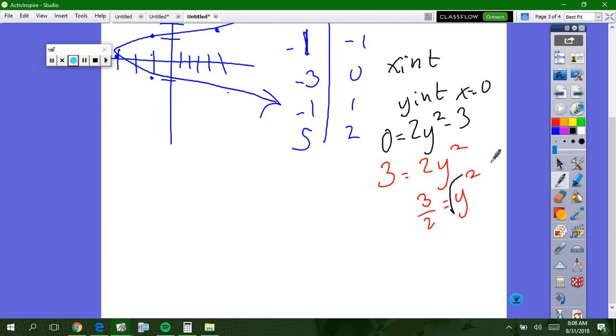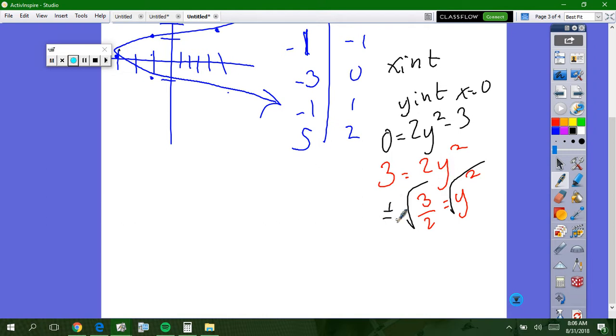But does anybody remember what I need to do when I square root? Plus or minus. You guys remember that? Plus or minus, because if I had x squared equaling 4, what 2 values of x, when I square them, will give me 4? Positive 2 and negative 2, right? There are 2 solutions. So I need to do plus or minus.